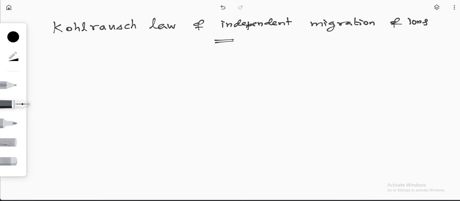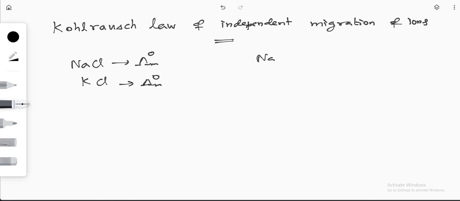Students, observe carefully. What Kohlrausch did was, he took strong electrolytes like sodium chloride and potassium chloride, and he measured the molar conductivities of these: molar conductivity of sodium chloride, molar conductivity of potassium chloride.